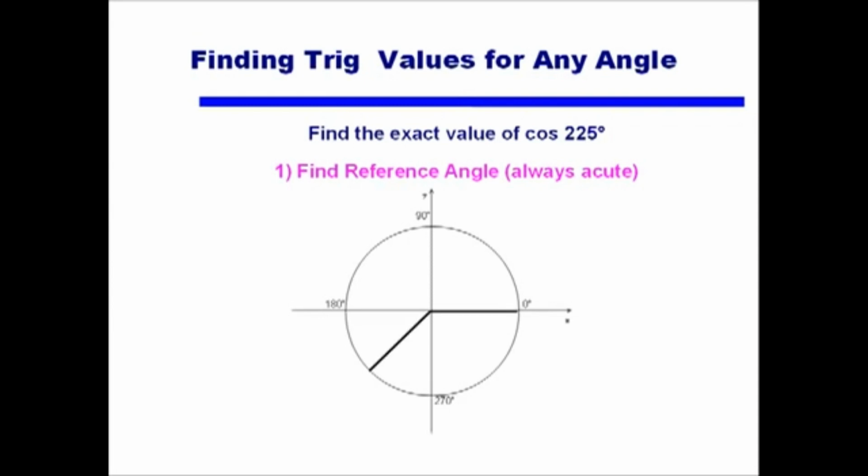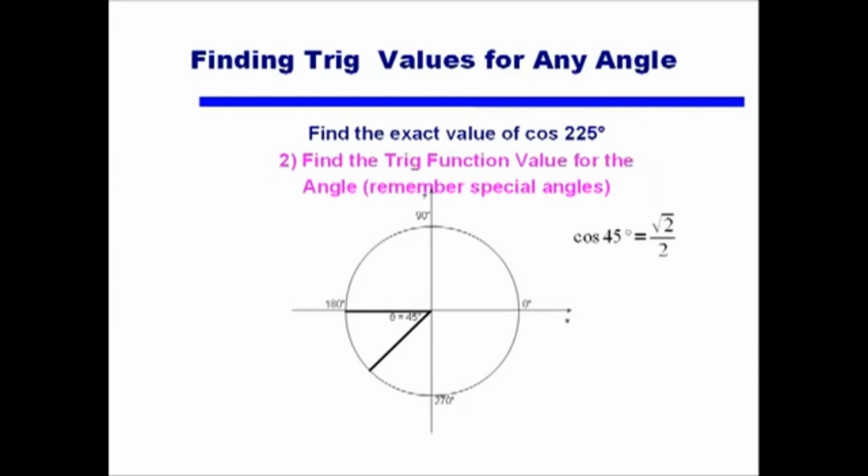Something like this. Well, again, we want to find the reference angle, the angle between the x-axis and our terminal side. To figure out what that number is, we're going to take our angle, 225 degrees, subtract from it 180 degrees, and see what's left over. Well, if we do that, we find that angle is 45 degrees, and that's good because that's one of our three special angles we know.